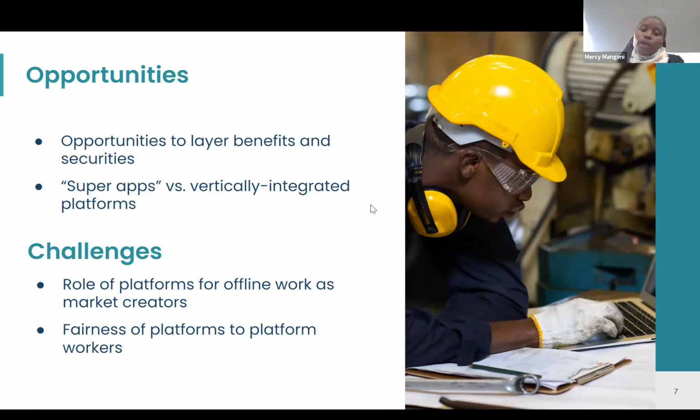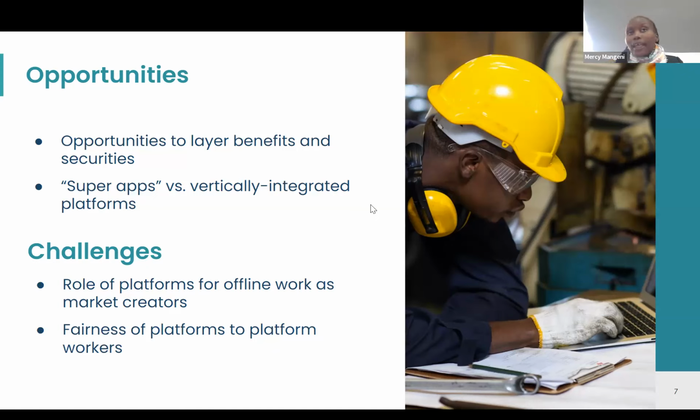The other is super apps and vertically integrated platforms. Super apps are growing fast within the sector, and many platforms in the past couple of years have adopted this, particularly within the ride-hailing app space. For instance, Little Cabs started as a ride-hailing platform but has since integrated other interfaces and become a super app.